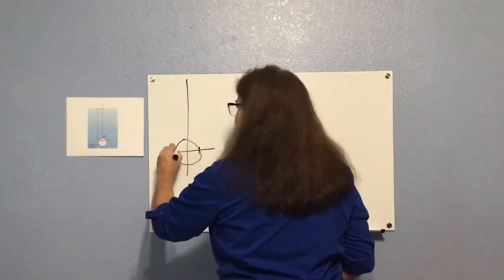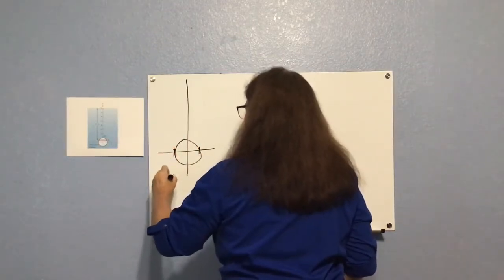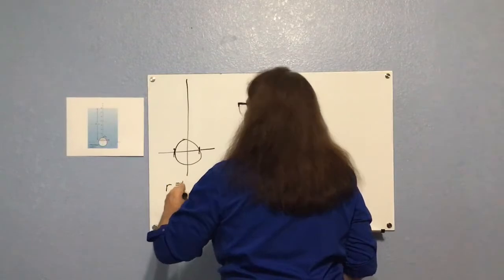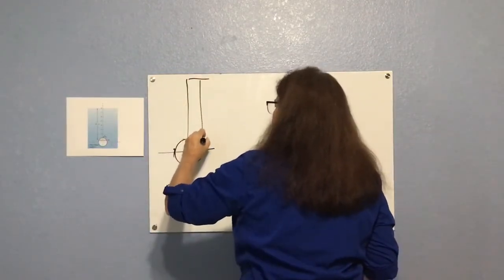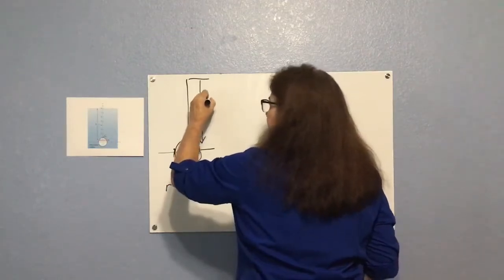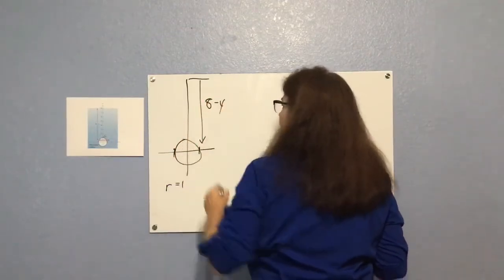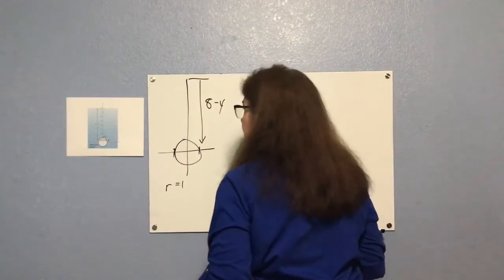Okay, and it has a radius of 1, and this distance here is 8 minus y. Instead of just negative y, it's 8 minus y.